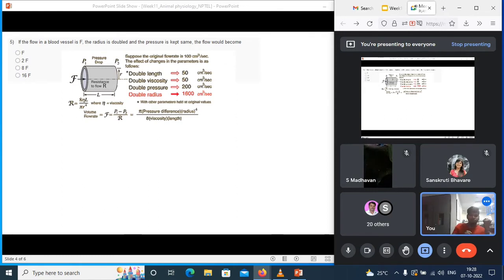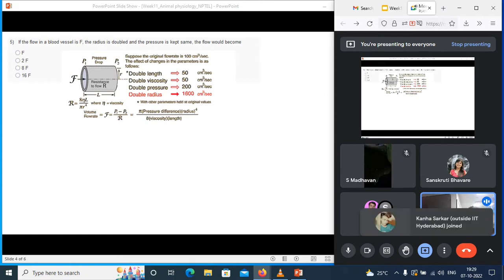Even with the equation we can define this, but it is pretty easy, or pretty general. Just remember that in the vascular system, the flow rate is related to the 4th power of the radius.